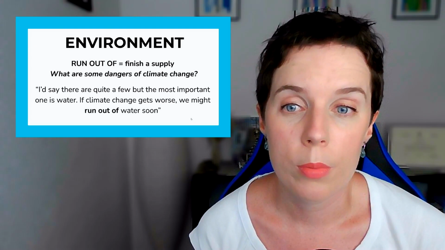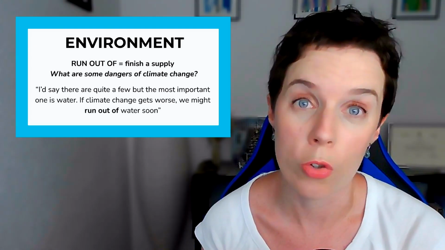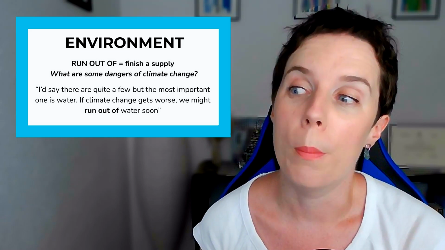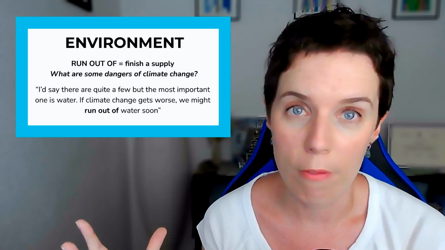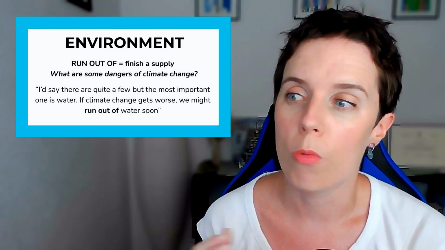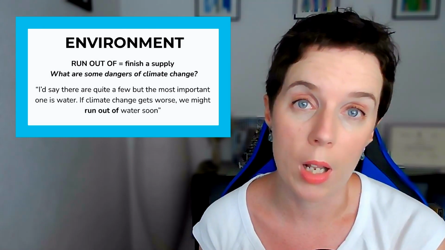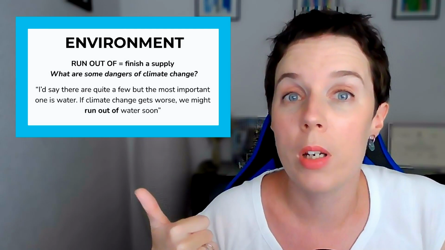All right, next up, to run out of. This is really common. You really should know this verb, actually, just because it's so useful, because you could use it for everything, not necessarily environment. You can use it for anything. So run out of means when you finish a supply of something. So for example, you can run out of money.